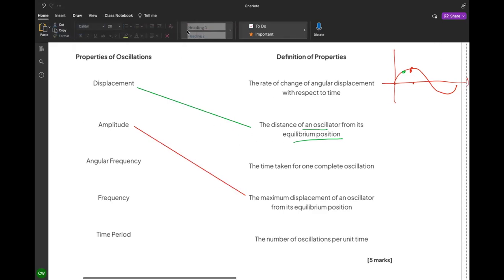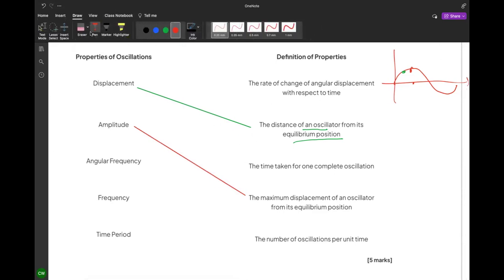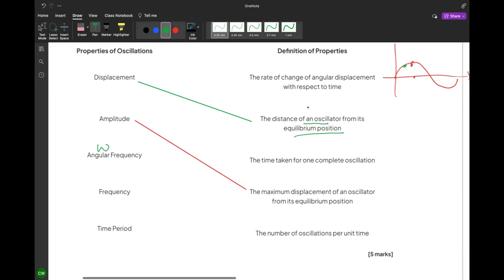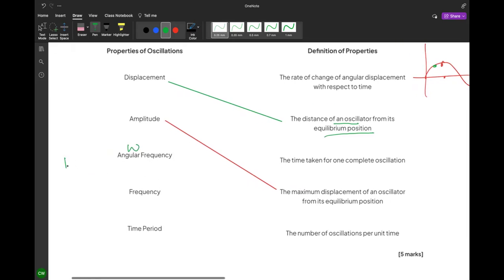Angular frequency. What is the formula for angular frequency? Angular is the omega. Omega stands for what? Angular frequency is the rate of change of angular displacement. It's d theta dt. Rate of change of angular displacement.